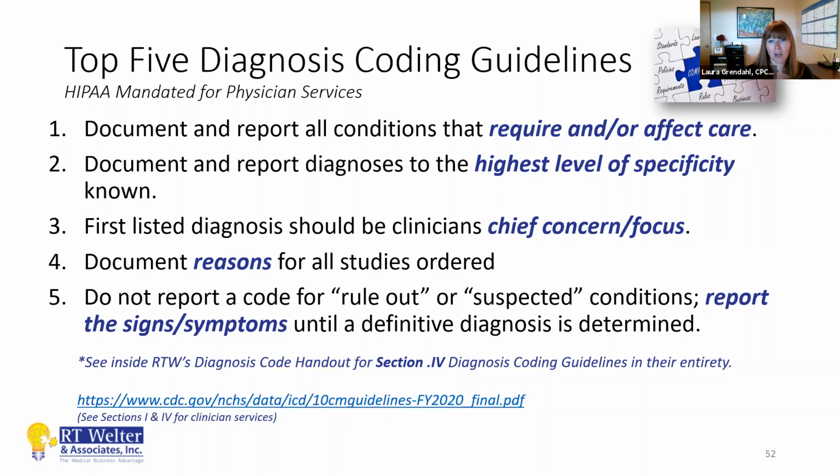Your chapter guidelines are part of the RT Welter diagnosis coding booklet. We have added some guidelines on page 2 of that. Feel free to use that, highlight it. It's really great to have handy.